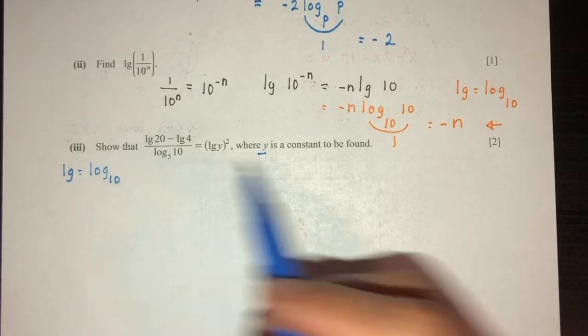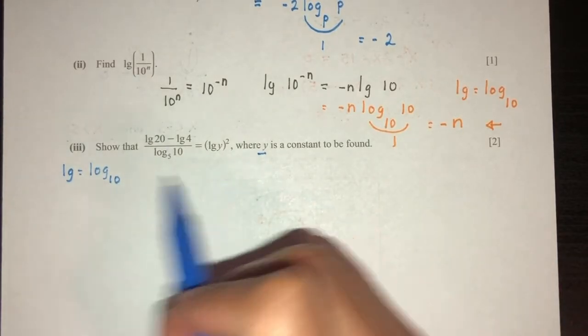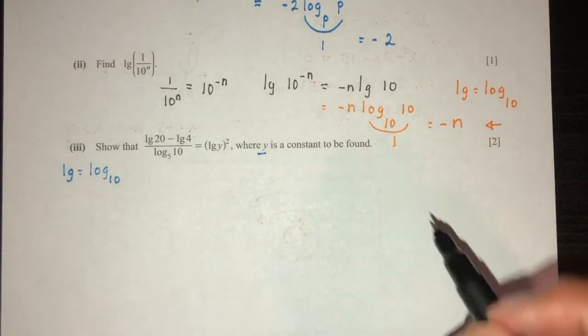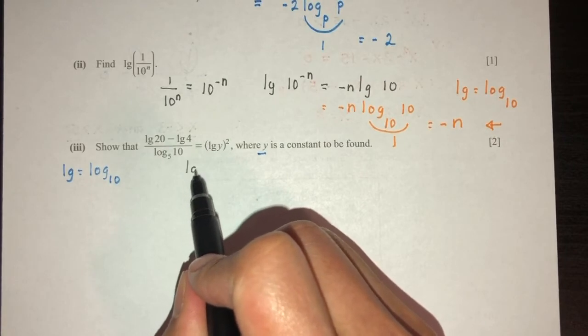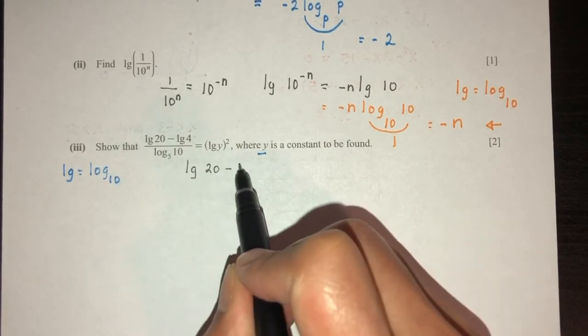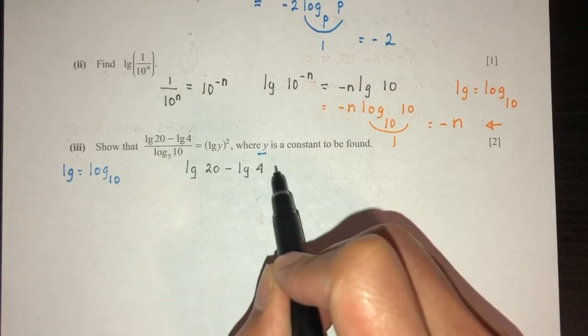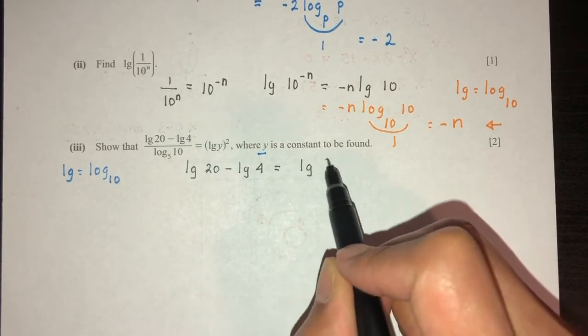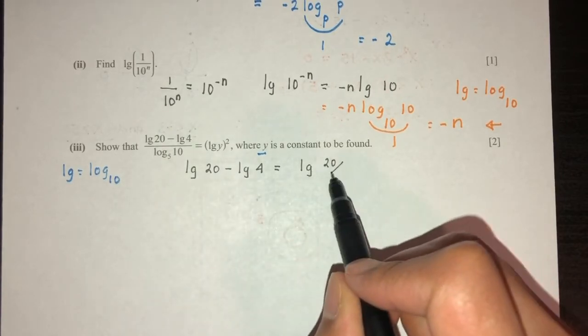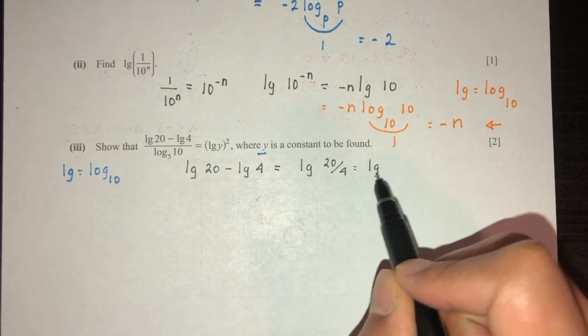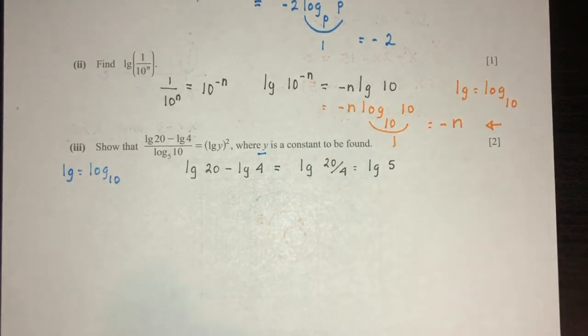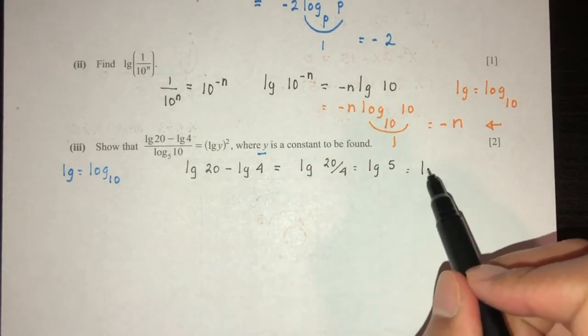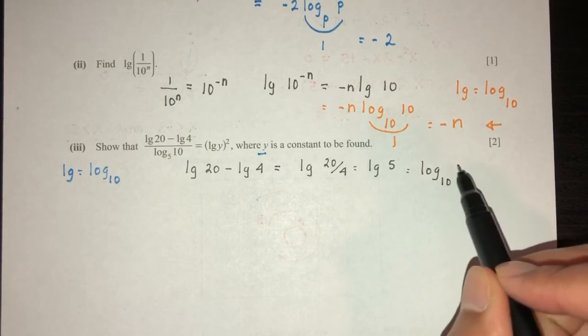So let's look at the top first. It's pretty easy. On top we have lg of 20 minus lg of 4. That will be simplified to lg of 20 divided by 4. You will have lg of 5.